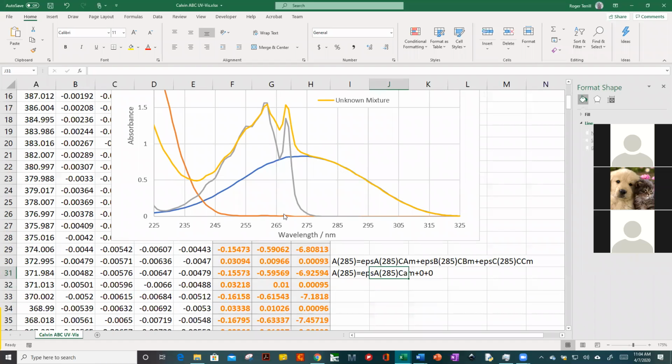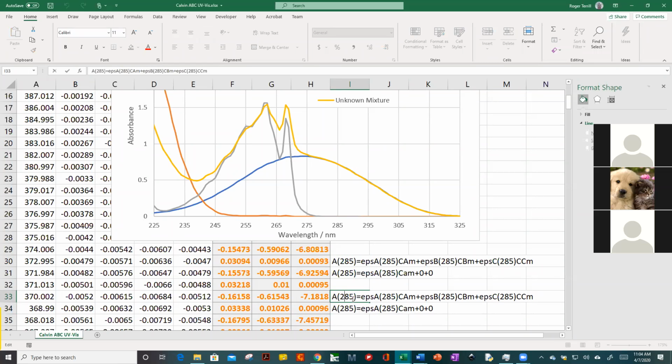Then we can come out here to this wavelength, the 267, right? And we can use that wavelength and set up the same set of equations, except replace 285 with 267.